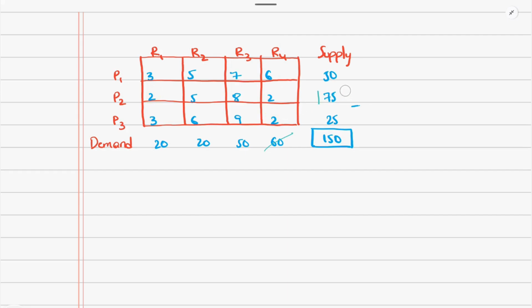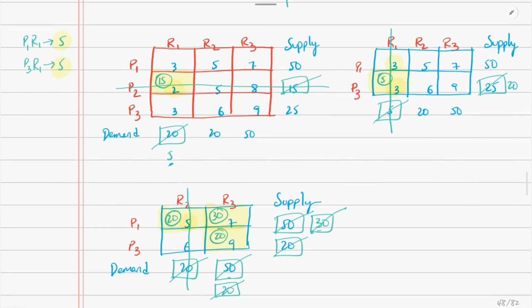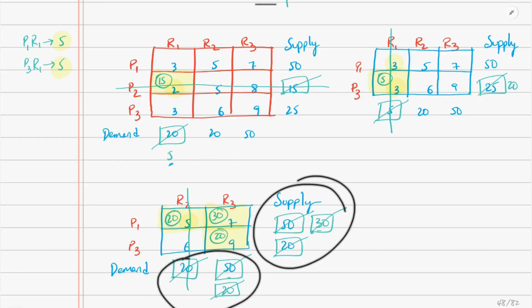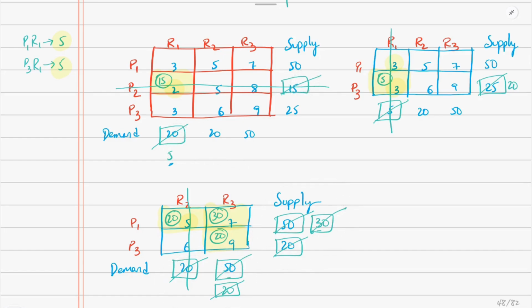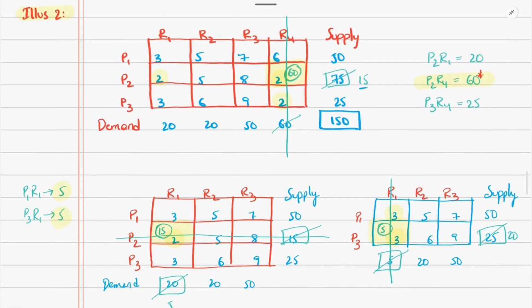Now let's see, this is our initial question, right? So now we completely satisfied all the supply and demand constraints. All of it is satisfied basically. So I'll write a single table showing all of the allocations from P2 to R4.